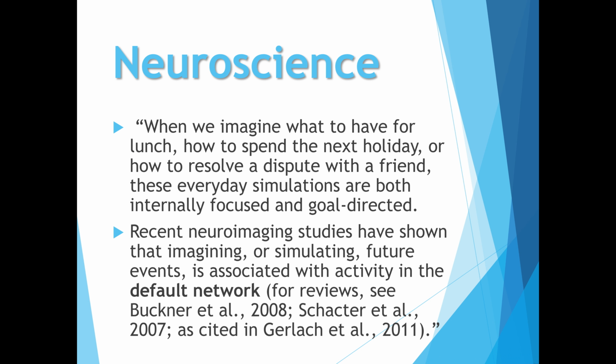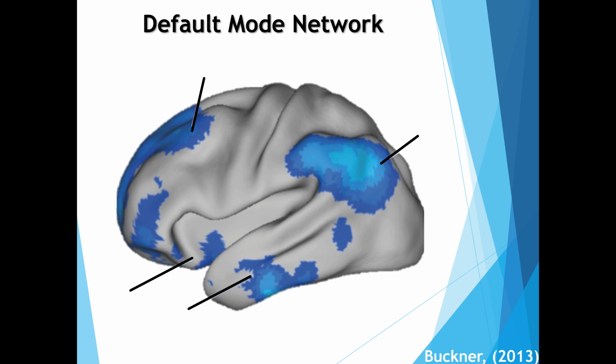Recent neuroimaging studies have shown that imagining or simulating these future events is associated with activity in this default network. Some call it default network, some call it default mode network, same thing. So again, Buckner, Schacter, and this is actually research cited by Gerlich. I'm going to cite Gerlich a little bit later on. But this is just the actual evidence of the default mode network.